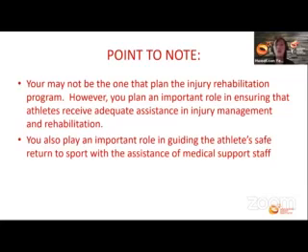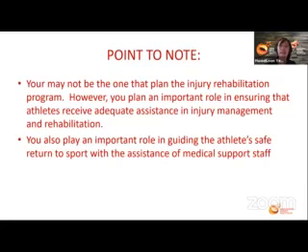You also play an important role in guiding the athlete's safe return to sport with the assistance of the medical staff and support staff, and you play an important role to reinforce that the athlete complies with a good rehabilitation program, right?